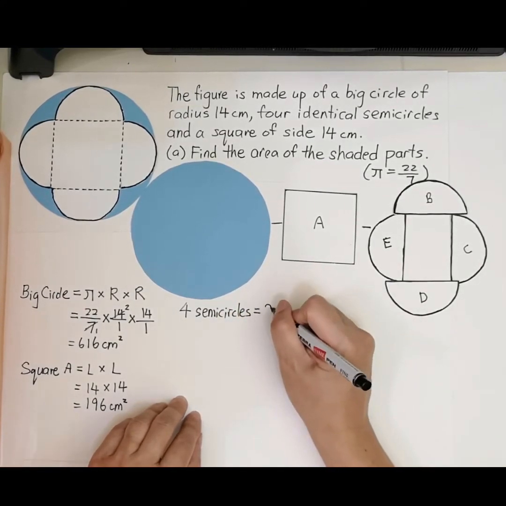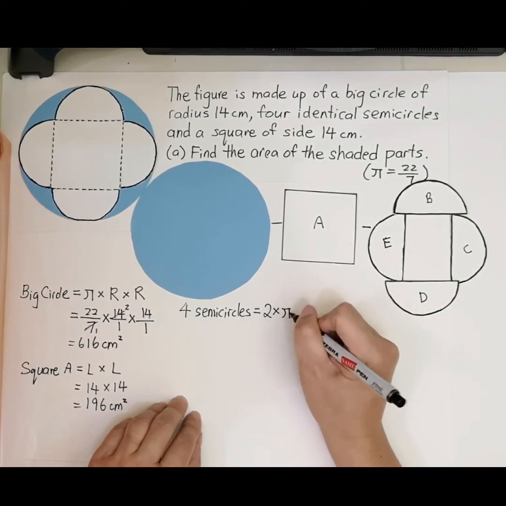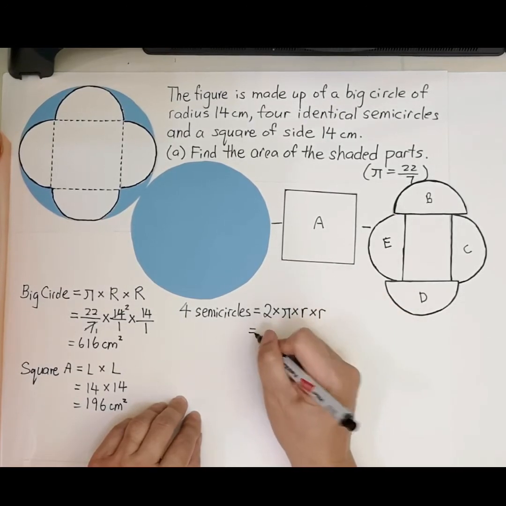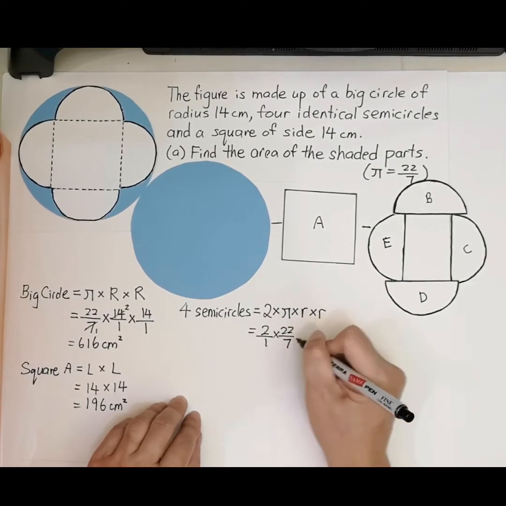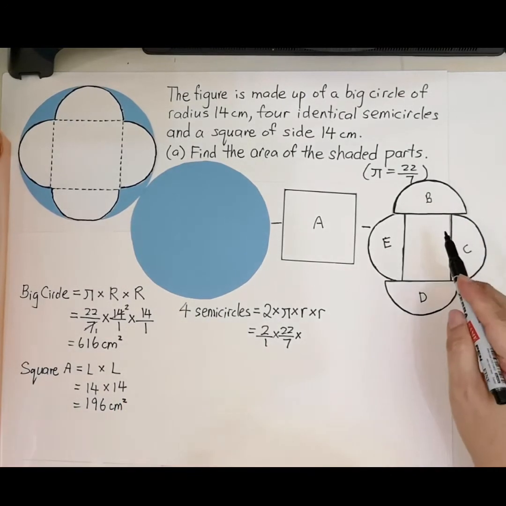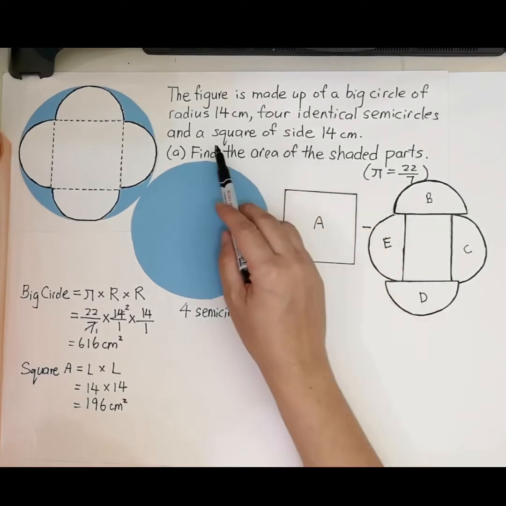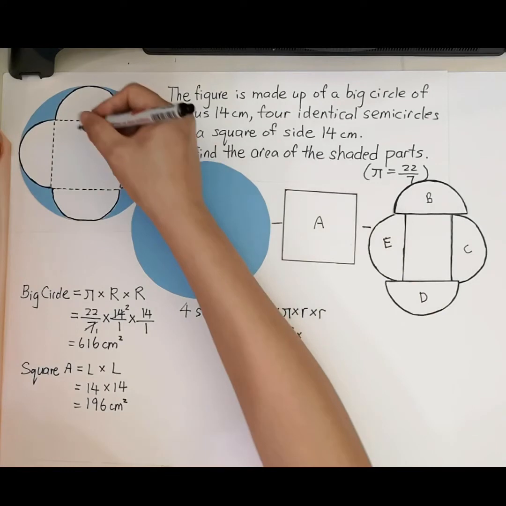If I combine them to form 2 circles, then my formula will be 2 multiplied by pi multiplied by radius multiplied by radius. That will give me 2 multiplied by 22/7. Okay, so what is the radius of the semicircle? Now let's go back to where it mentions that the square has a side of 14 centimeters.